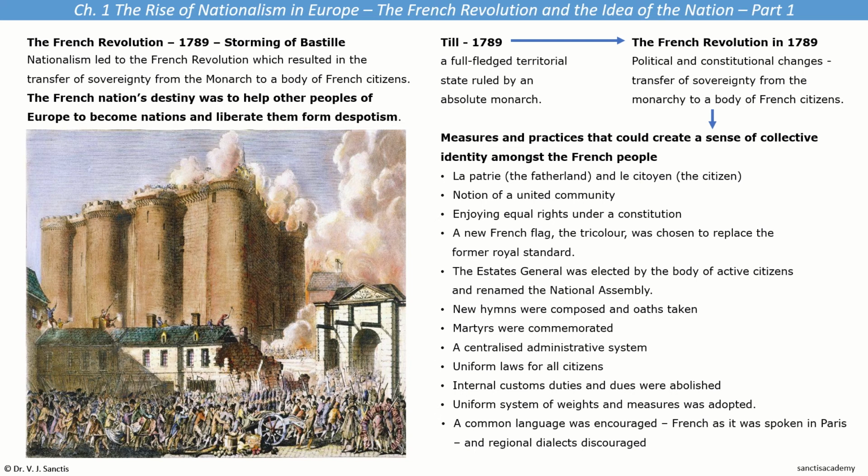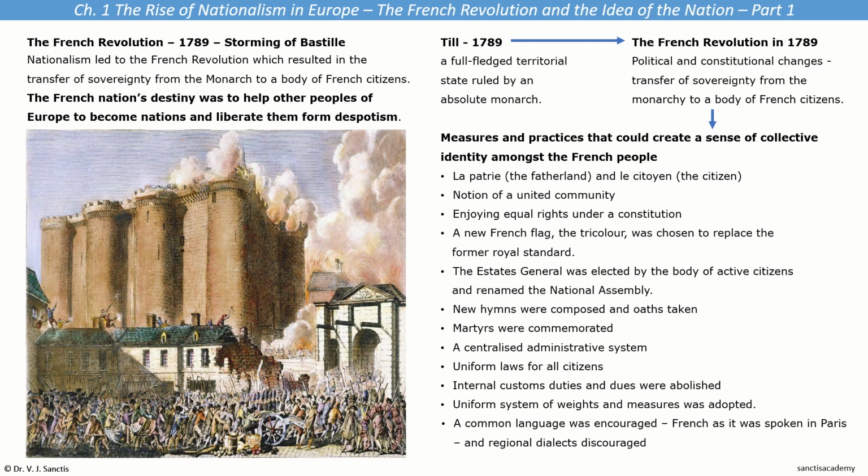In the previous video, we had learnt that a nation is based on the social capital of the people and large-scale solidarity. To achieve this, the French revolutionaries introduced various measures and practices to create a sense of collective identity amongst the French people. These are la patrie, that means the fatherland, and le citoyen, that means the citizen.